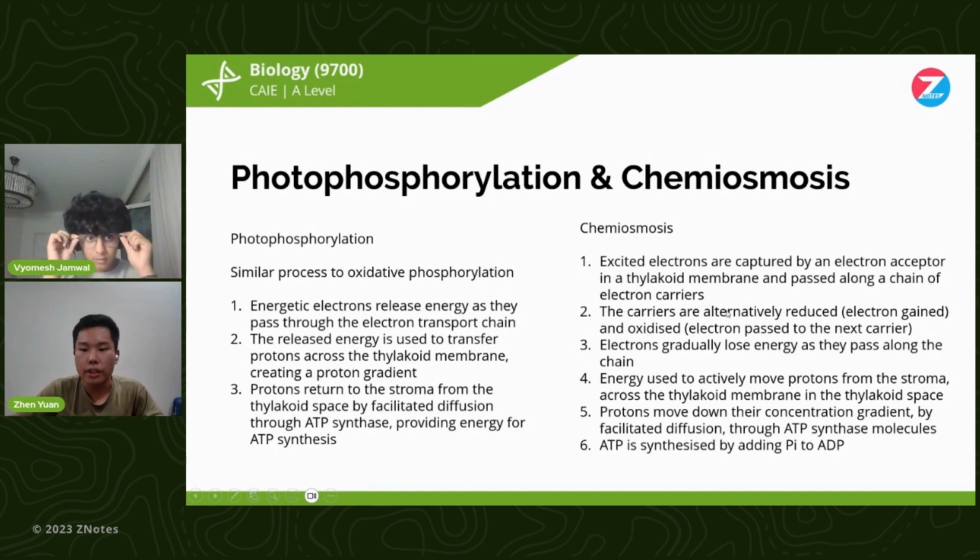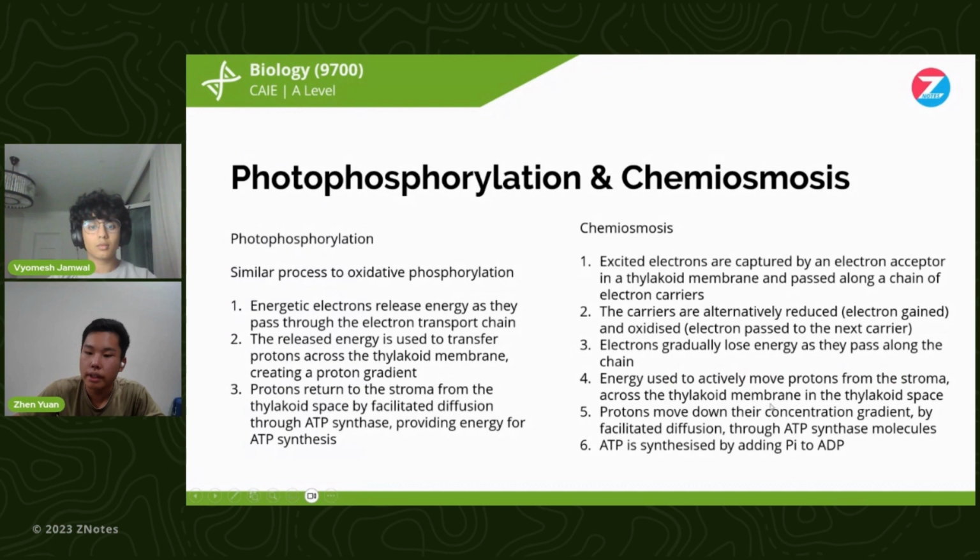The carriers are alternately reduced, electron gain, and oxidized, electron passed to the next carrier. Electrons gradually lose energy as they pass along the chain. Then the energy is used to actively move protons from the stroma across the thylakoid membrane into the thylakoid space.